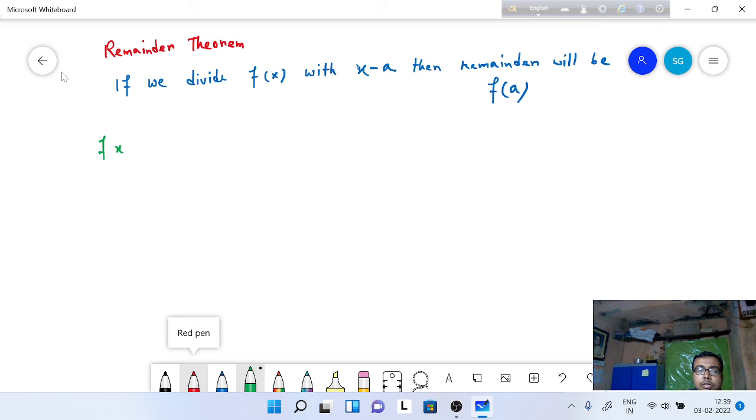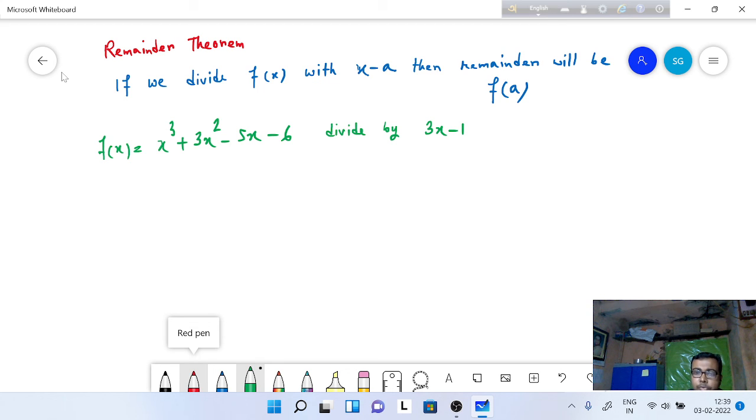Say f(x) equal to x cube plus 3x square minus 5x minus 6. The examiner asks you to find what will be the remainder if f(x) is divided by 3x minus 1.